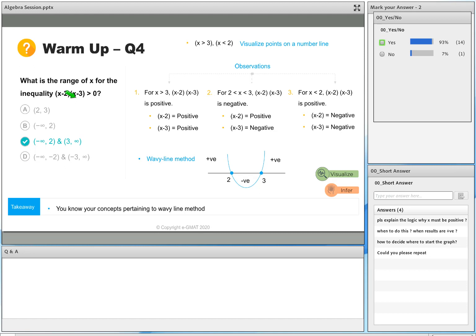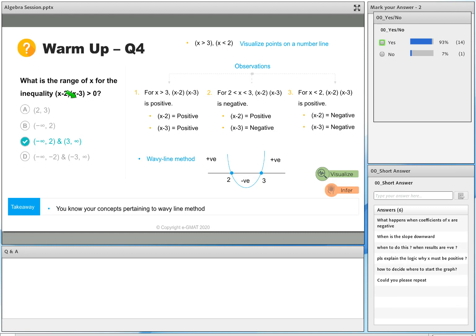Okay, please explain the logic why x must be positive. As I said, it's not a logic, it's the situation in which you can start drawing the wave from the top right hand corner. If you did not have that, listen to this carefully everybody. If instead of having x minus 3 here, I had 3 minus x, then the coefficient of x would not be positive. So I would do one extra step.